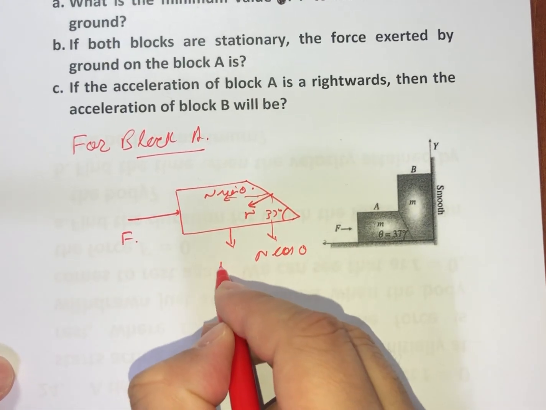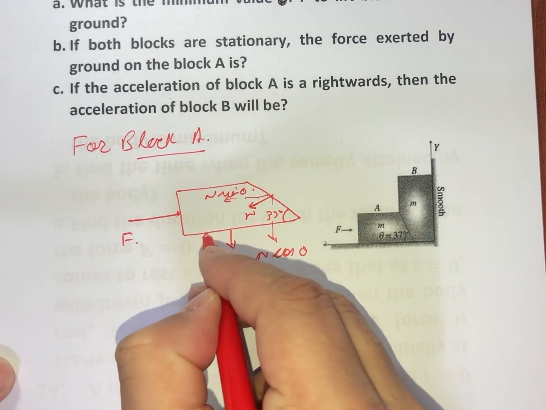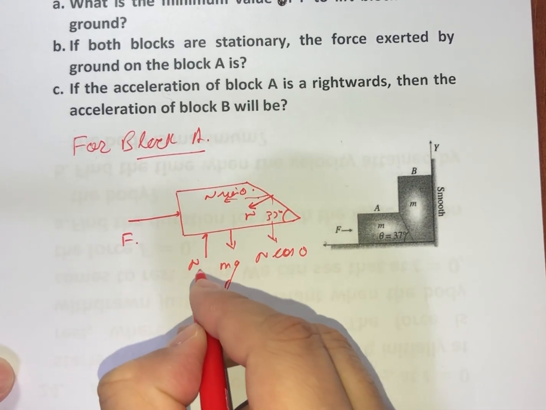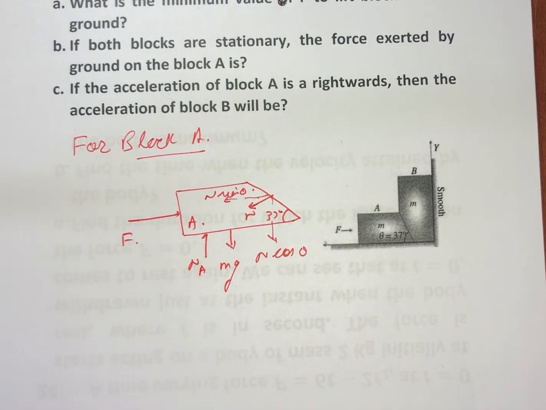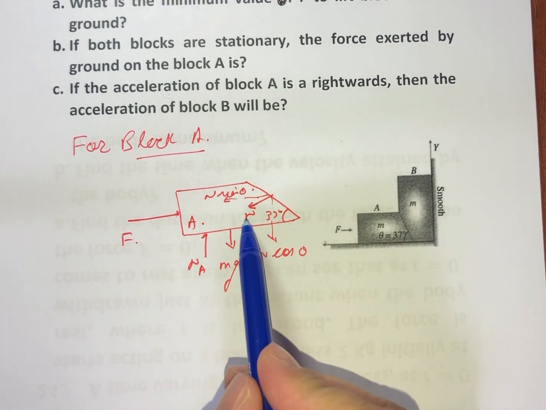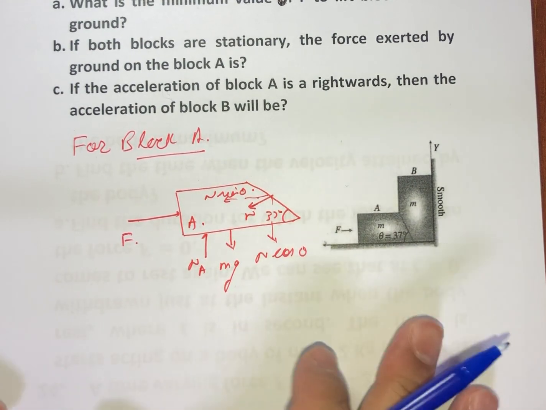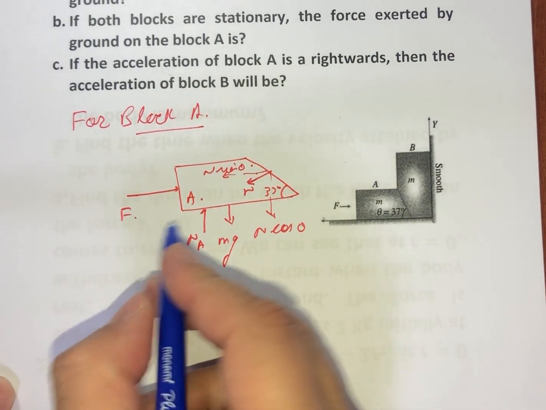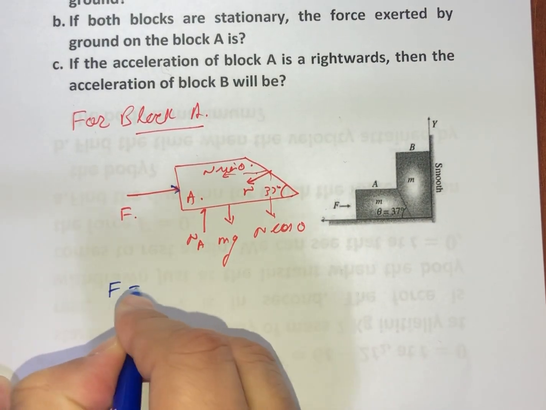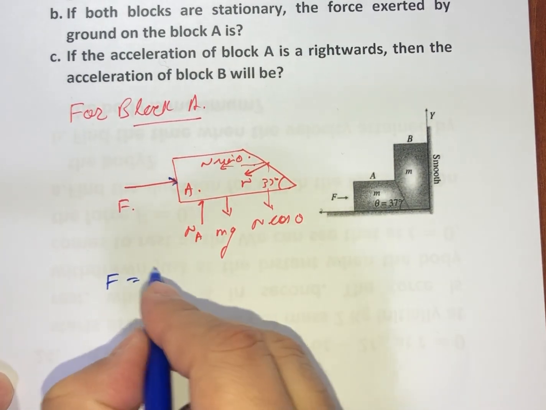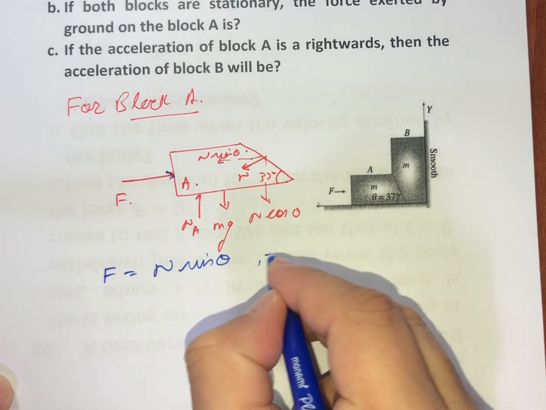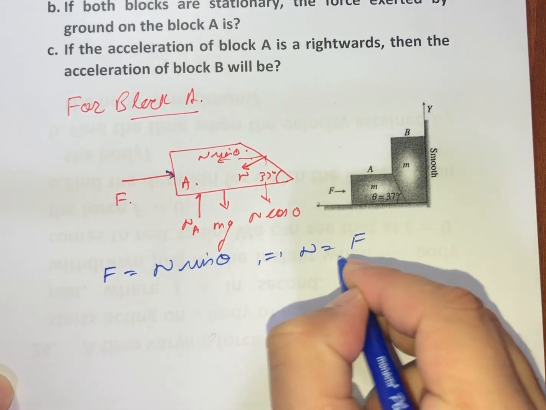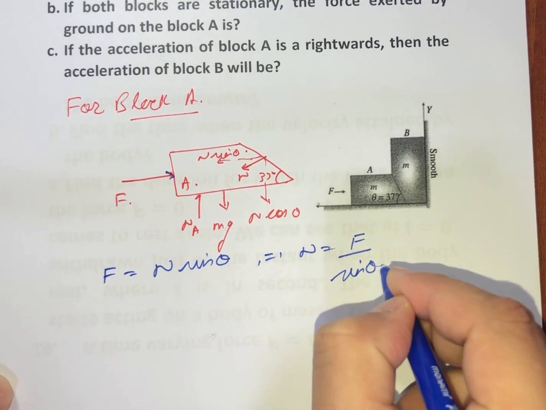In the downward direction there will be mg, and there will be a normal, let us suppose NA. This is block A. So from here, in case of equilibrium, the applied force F will be equal to N sin theta, and from here we find that N is equal to F upon sin theta.